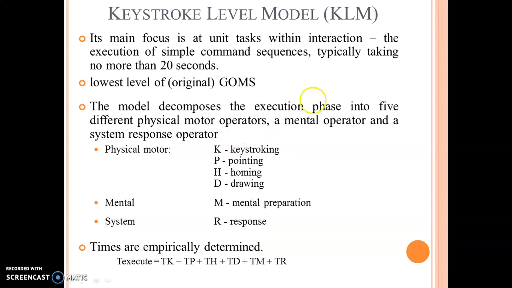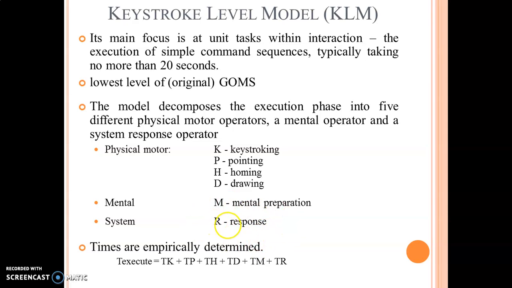P means pointing, or moving the mouse or similar devices at a target. H means homing, which is switching the hand between the mouse and the keyboard. D is for drawing lines using the mouse. And M represents the mental preparation used for a physical action.